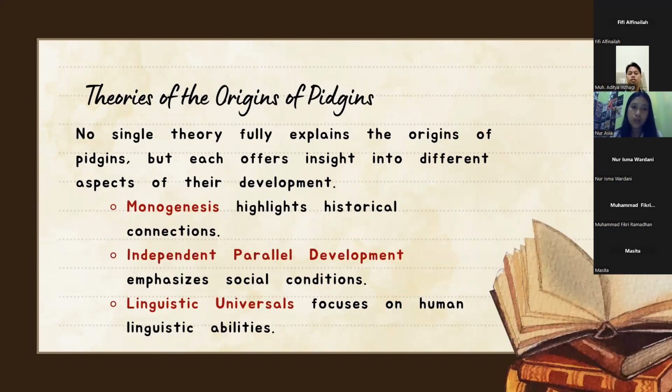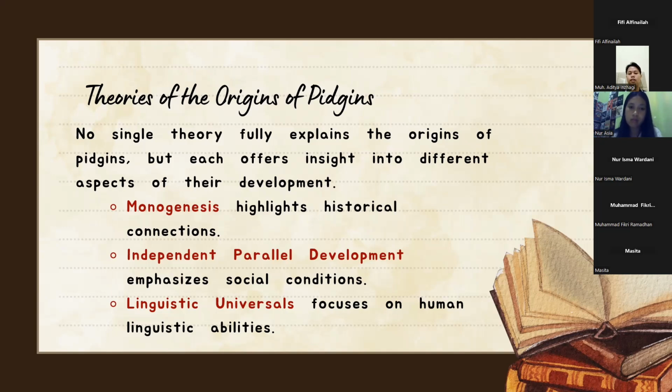So next, the origins of Pidgins are complex, and no single theory can fully explain how they developed. But here are some theories about it. The first one is the monogenesis theory, which offers a historical perspective showing how early Portuguese traders might have influenced Pidgins around the world.